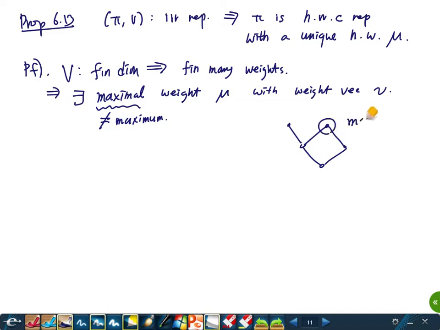This is maximal, but not maximum, because this is not bigger than the other, but there's nothing bigger than this, so it's maximal. But when we have a finite poset, then there is always a maximal element. That's true. If you have a finite poset like this, then there is always a maximal element. All right, but we don't know yet whether this is the highest weight because it's only maximal.